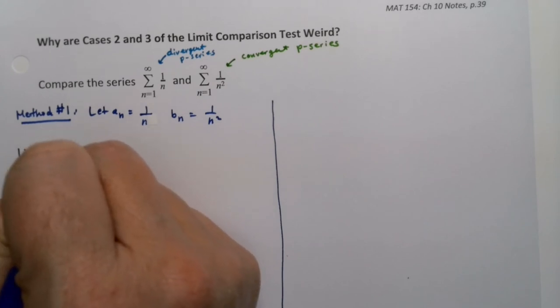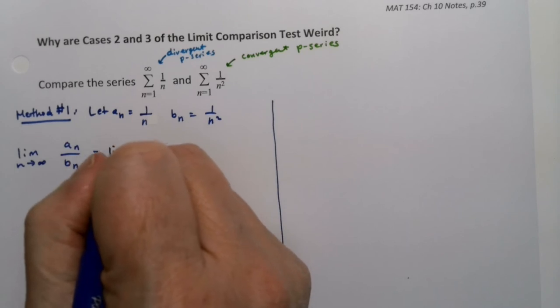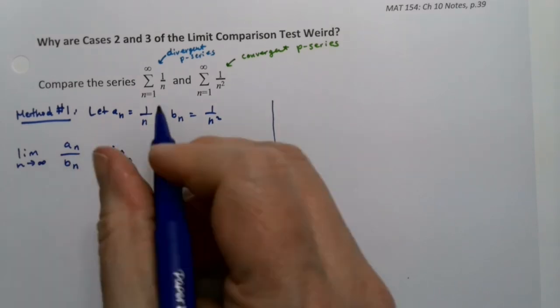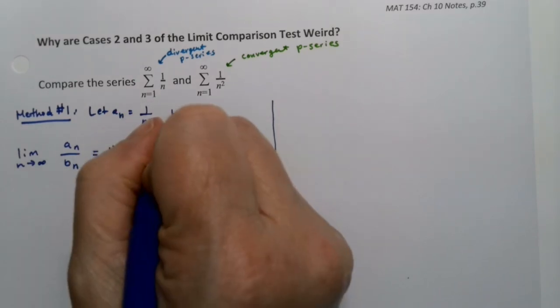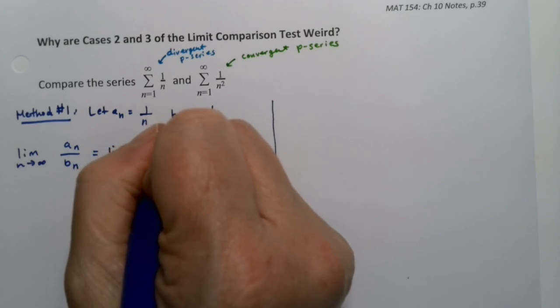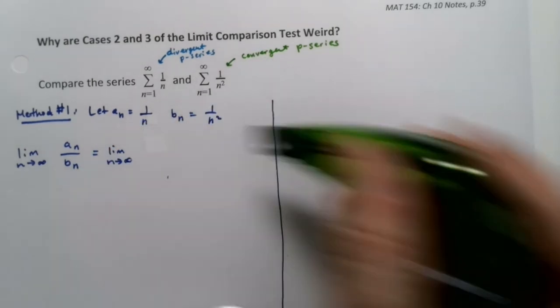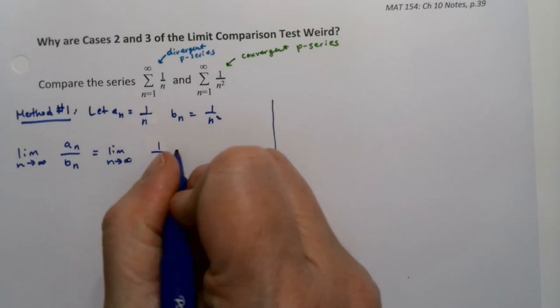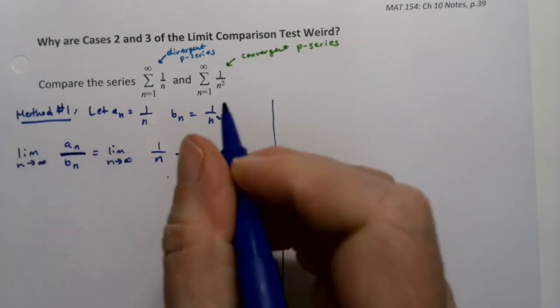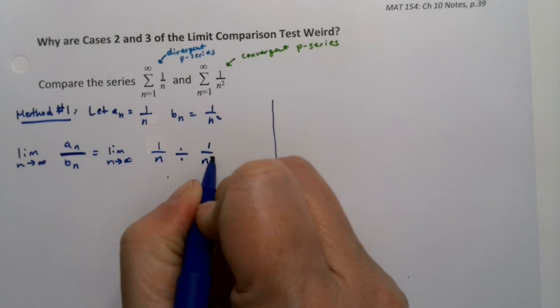n over b sub n is the limit as n goes to infinity of 1 over n divided by, because that's that division bar, 1 over n squared.